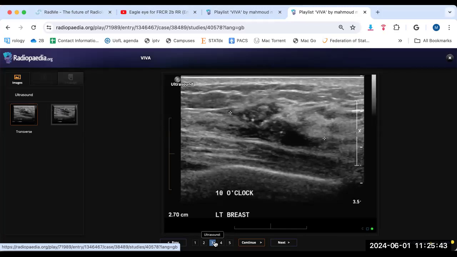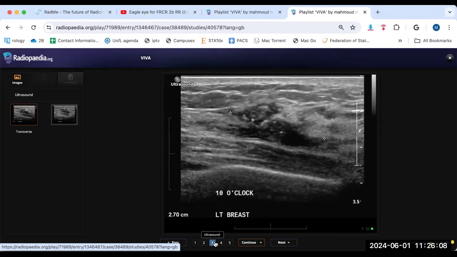It appears slightly microlobulated and wider than taller. Within the lesion itself there are a few hypoechoic foci suggesting calcification. There is no posterior acoustic shadowing or enhancement. In summary, this lesion is suspicious of malignancy.